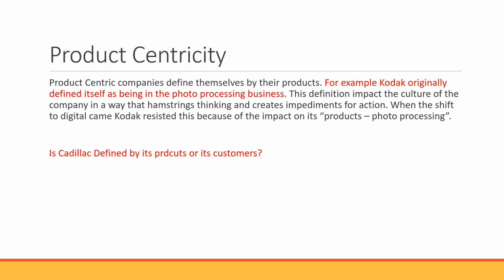So let me ask you a question. Do you think Cadillac is defined by its products or its customers? And the answer, of course, is Cadillac is a product-focused company that looks at its products and tries to build its Cadillac brand by producing unique luxury performance products.